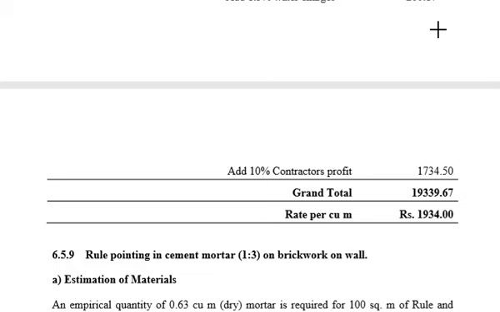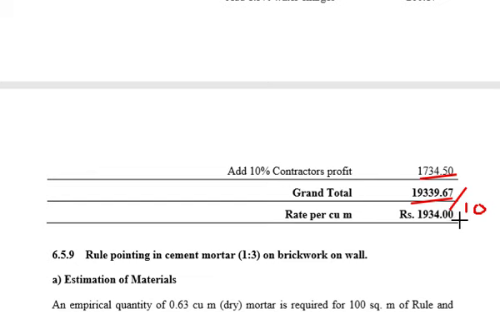Mason 10 number at 350 per day, 3550. Majdur 17 number at 220 rupees per day, 3740. Bishti, the person who supplies the water for mixing, 220, 440. Lump sum for tools, plant and sundries, that is 200.